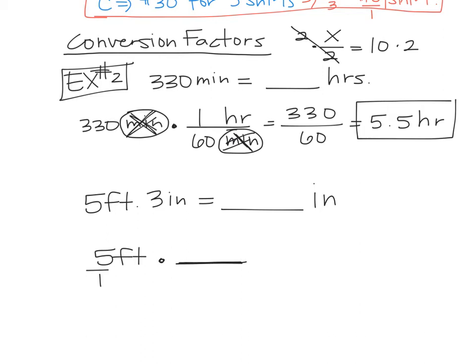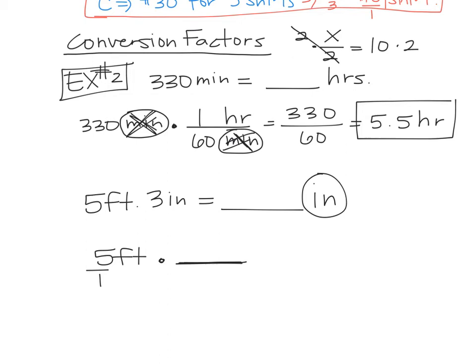Feet converts to what? Feet to inches, okay? And that's what we're trying to get to, right? Inches. So how many feet and how many inches, or how many inches and how many feet? Do you know? Think of a ruler. 12, right? 12 inches in 1 foot.